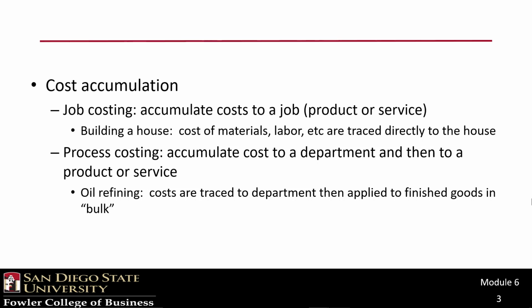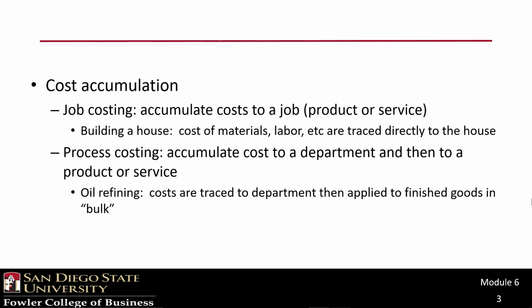And we can contrast that with process costing, which is to accumulate the cost to a department and then to a product or service. And you typically use process costing when you do homogeneous and often inseparable products, for example, oil refining. So costs would be traced to a department, then applied to finished goods in the bulk.